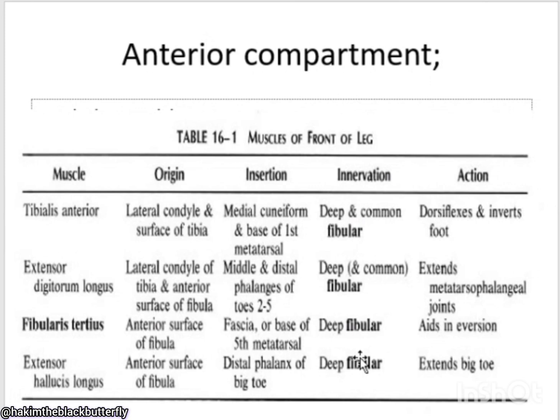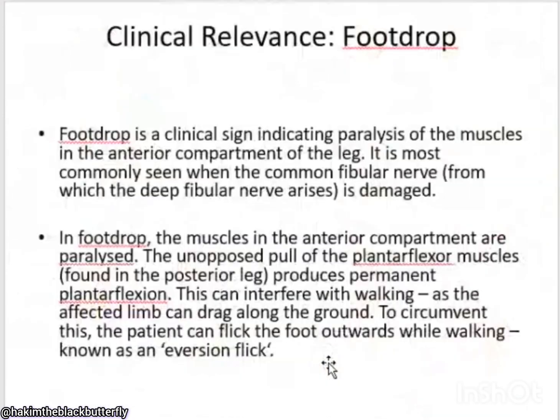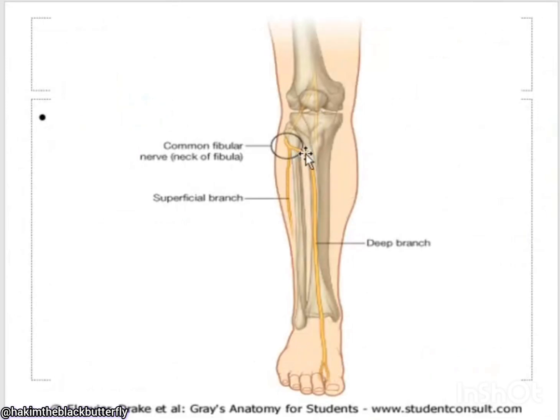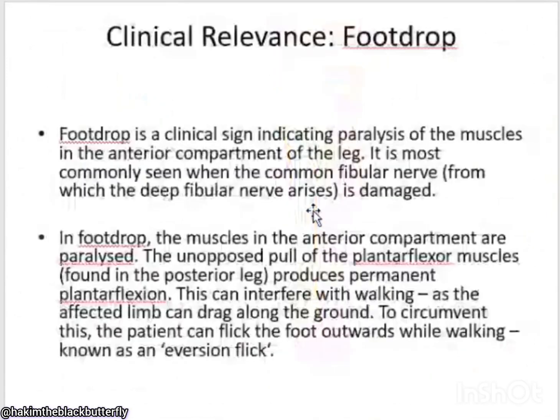Those names are used interchangeably. Sometimes they use the word common peroneal, sometimes they use the word common fibular. They are referring to the same nerve. So the deep branch of the common peroneal nerve is the nerve which is supplying the muscles of the anterior compartment, as we have seen here.